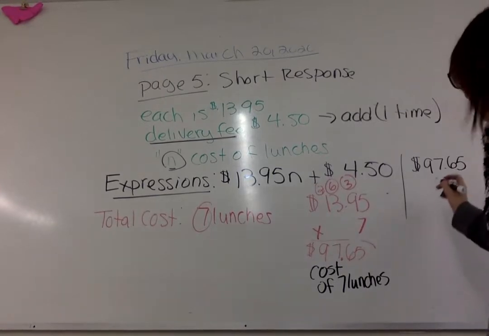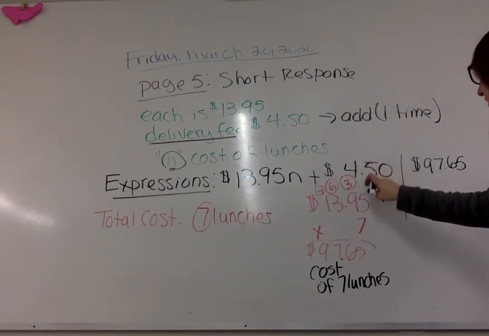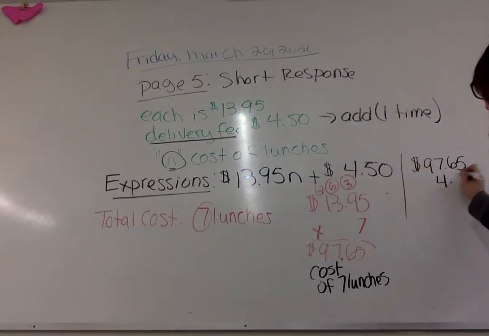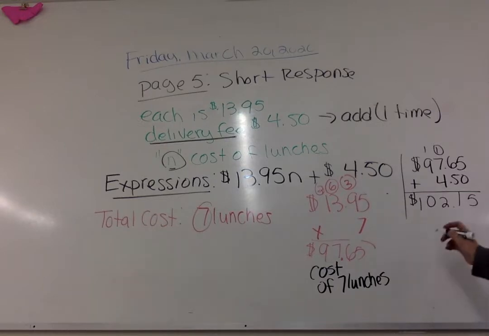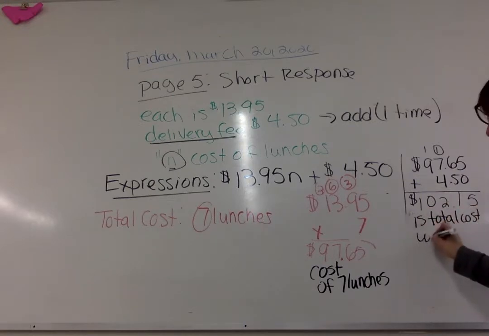And I'm going to add it to, what did we say, the delivery fee of $4.50 to get the cost of everything included. This gives me 5, 11, 12. So this gives me $102.15 is the total cost with the delivery fee.